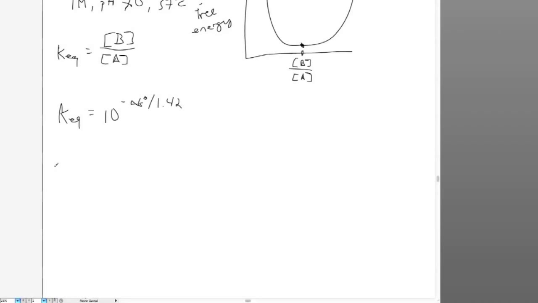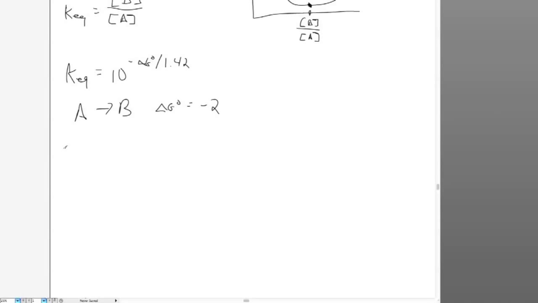Okay, so let's say, for example, that our reaction A to B that we know is favorable has a delta G naught of minus 2, which is what we were using as an example earlier before. Okay, what that means, and I'll spare you the math, is that the KEQ equals 25.1, which, if you remember, means that the ratio of the product over the reactant equals 25.1. So at equilibrium, because this is such a favorable reaction, there's going to be 25 times more product than there will be reactant.